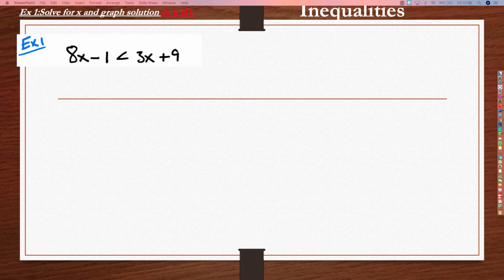So when you take it off the outside, the sign changes. And graph. So I am number 9.